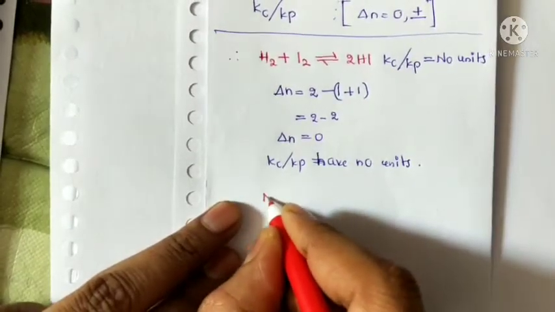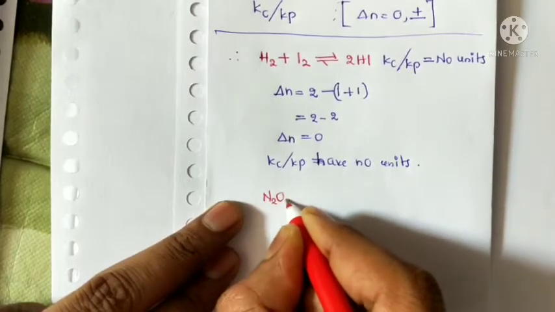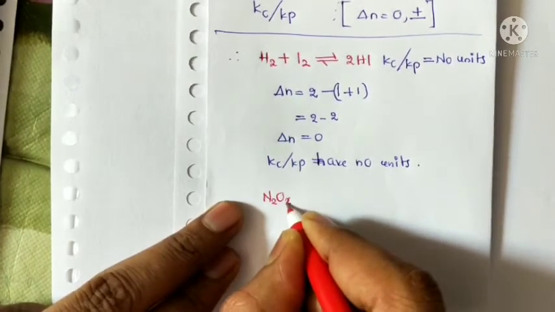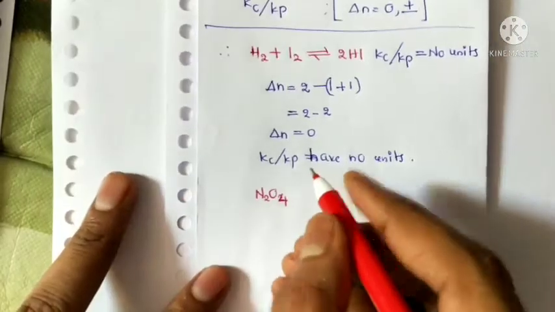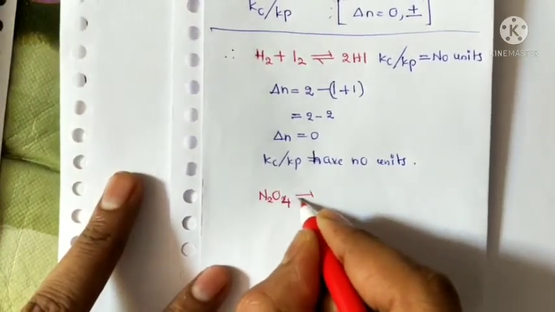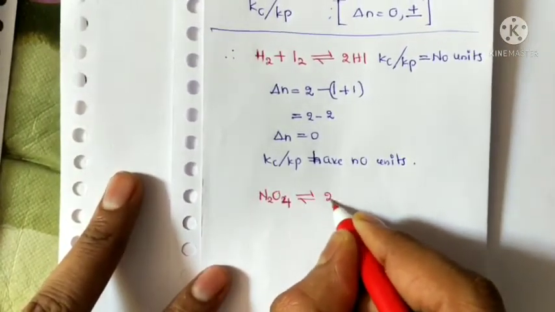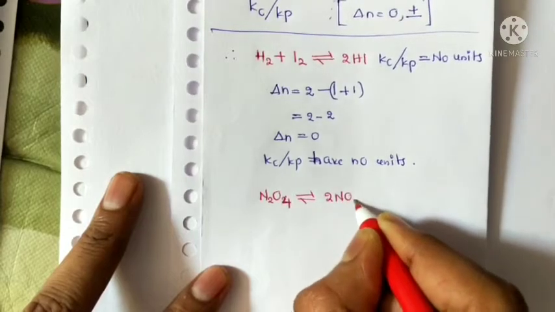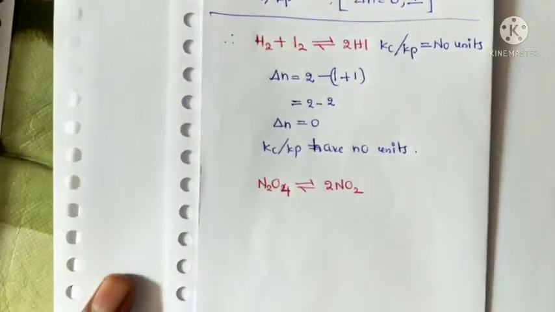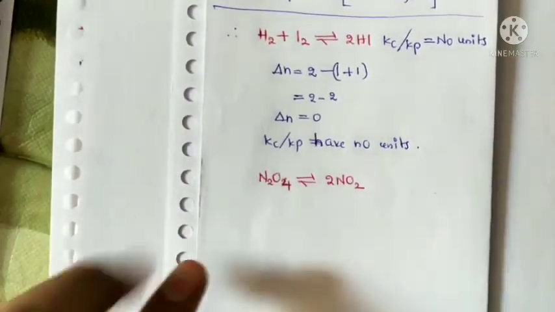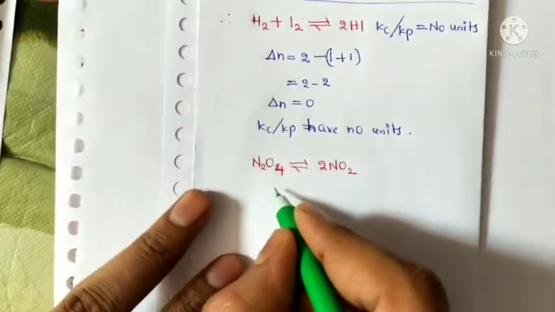Another reaction: dinitrogen tetraoxide is in equilibrium with nitrogen dioxide. First of all, find the delta n value.